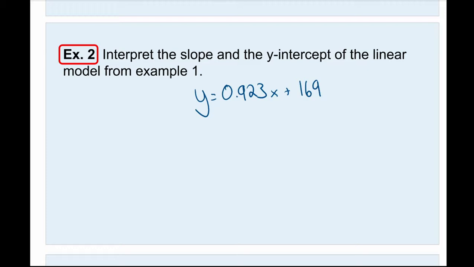So the two things we want to pick out are our slope and our y-intercept. And I want to interpret these values and, based on our scenario, what we're looking at, what do these values tell us? Well, the slope is 0.923.